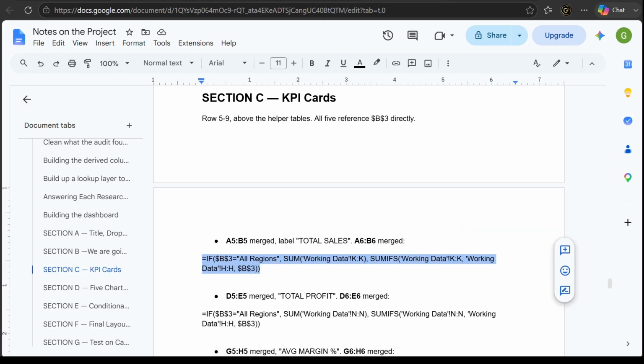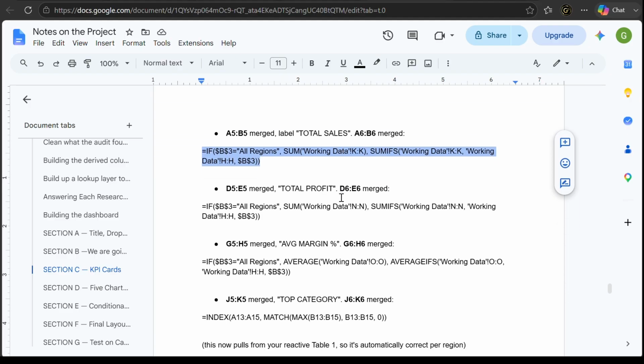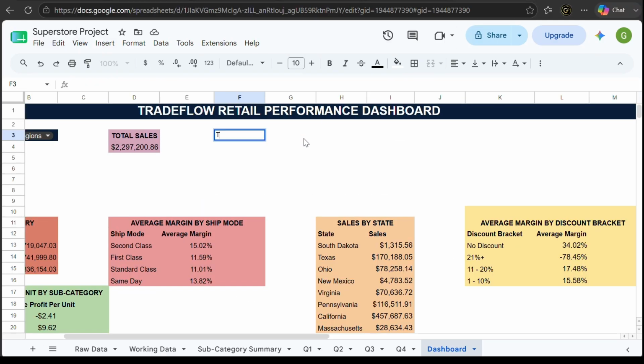Then I'm going to create another KPI. The next KPI I'm going to create is total profit. It works the same way total sales works. So I'm going to say total profit. Make this Ctrl B. I'm going to centralize it again.